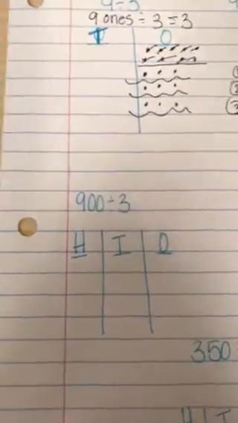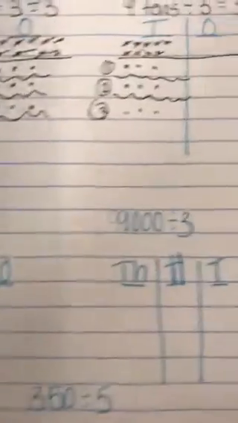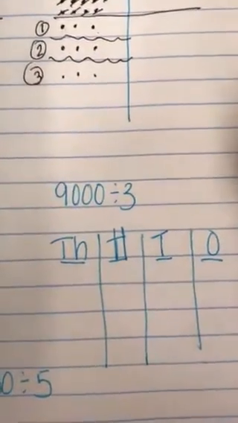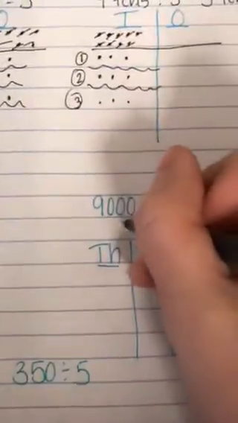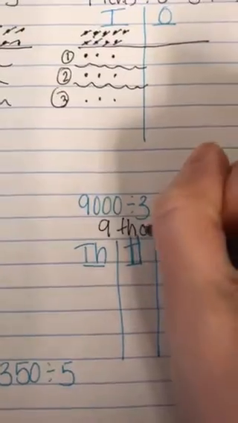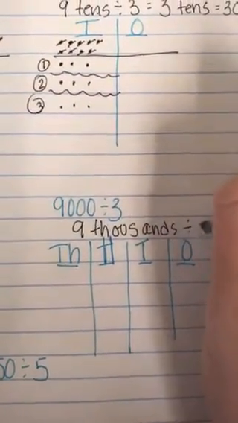And you can continue working through larger numbers, as in hundreds and thousands, using the same method. I will skip to thousands. You can think as 9 thousands divided by 3 in unit form, so 9 thousands divided by 3.